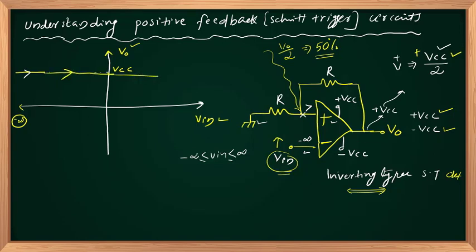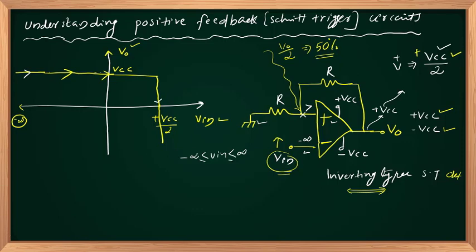The moment the input crosses positive VCC by 2, the output switches from positive VCC to minus VCC.